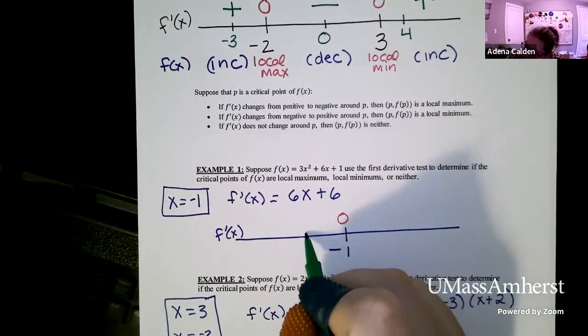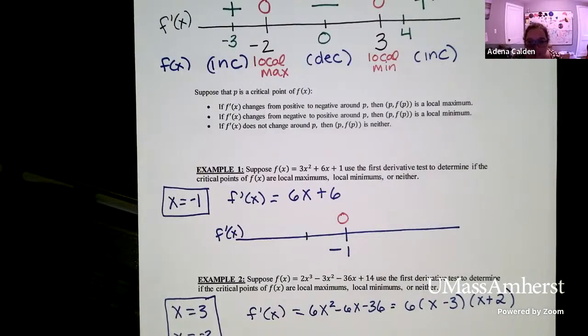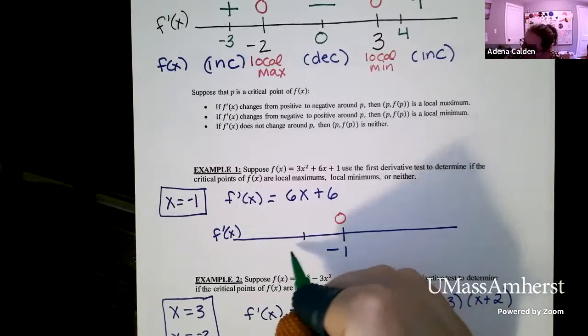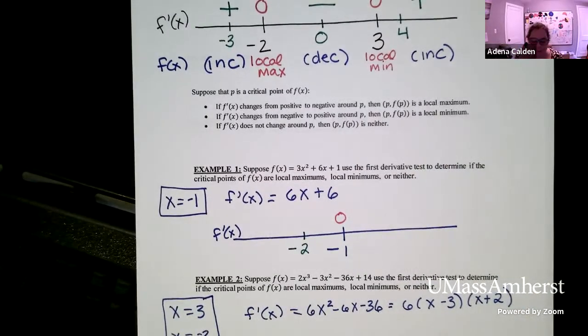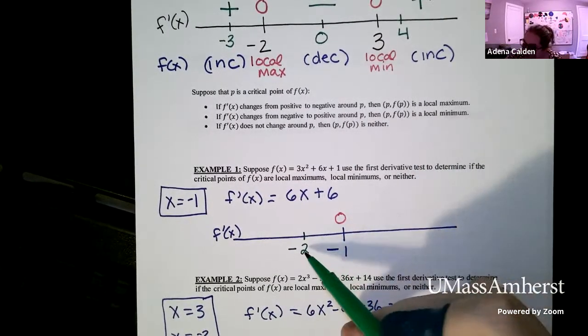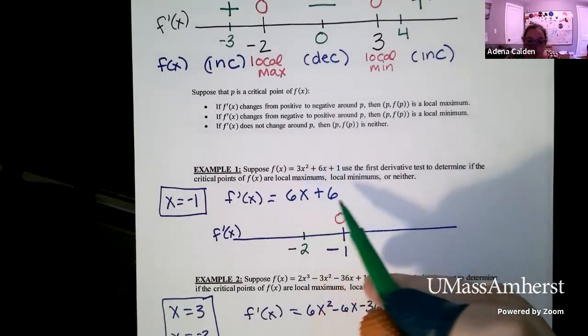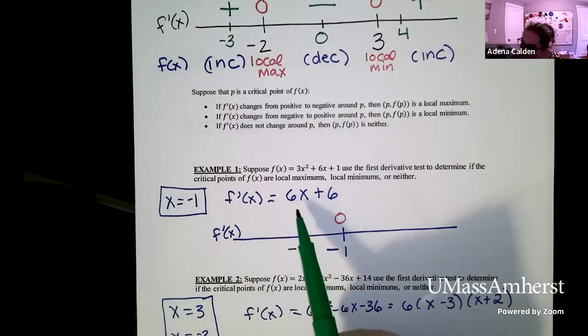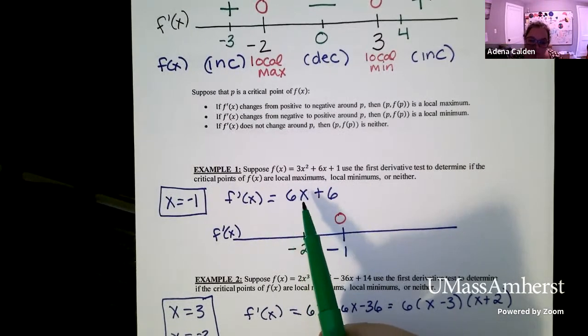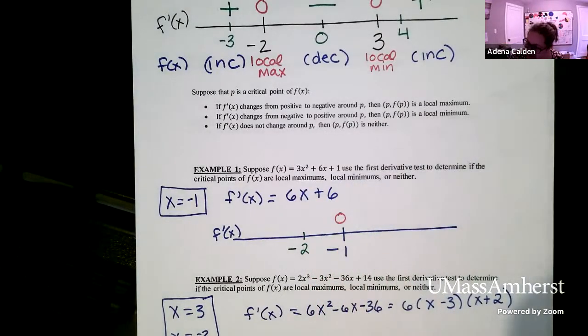We want to pick a test point on each side of our critical point. So to the left of -1, I can pick -2. What I want to do is take -2, plug it into my first derivative, and determine if the result is positive or negative. If I plug in -2 here, I have 6 times -2, which is -12, plus 6 is -6.